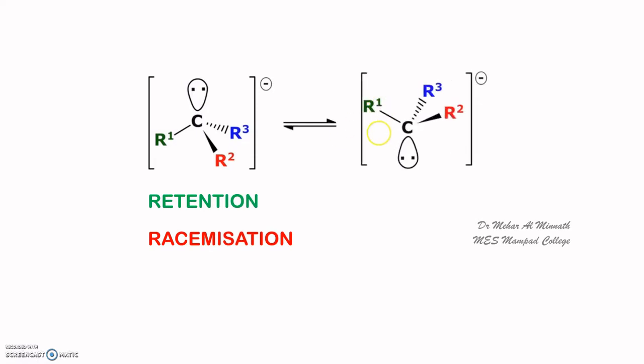But if this pyramidal configuration gets inverted, what happens? We get the racemic mixture, because this is called pyramidal inversion. That is, this pyramidal configuration gets inverted, so the incoming group will be attacking from the back side.